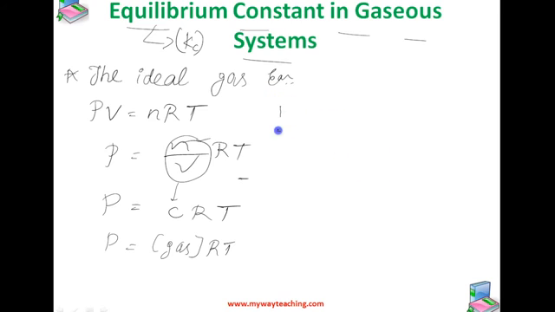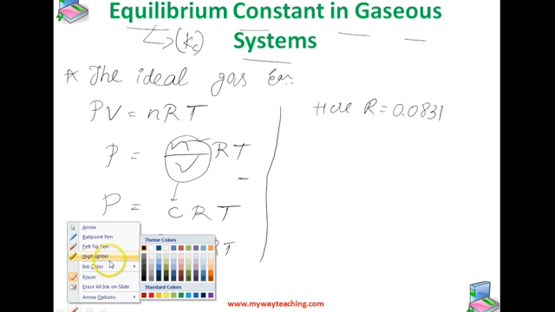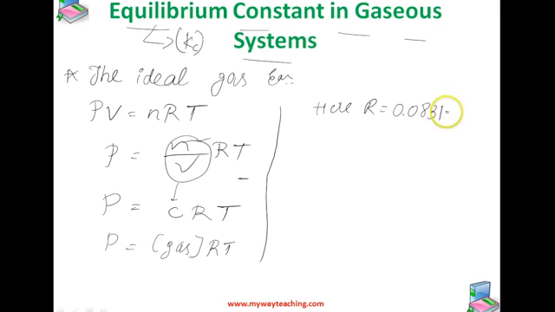Here R is equal to 0.0831 bar liter per mole Kelvin. At constant temperature, the pressure of the gas is proportional to its concentration.